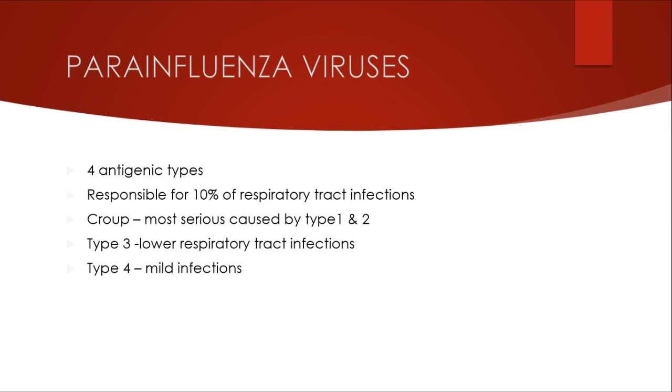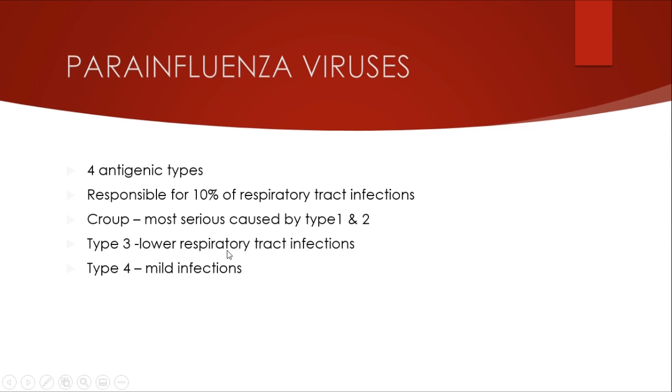The most serious clinical disease caused by this class of paramyxovirus is of course Croup, which is characterized by acute laryngotracheobronchitis, inflammation of the larynx and the bronchi, and which is more frequently due to type 1 and type 2. So type 1 and type 2 are the most common reasons for Croup.